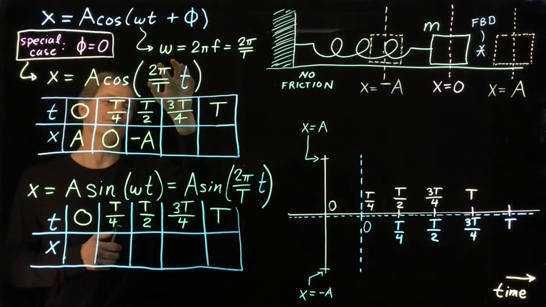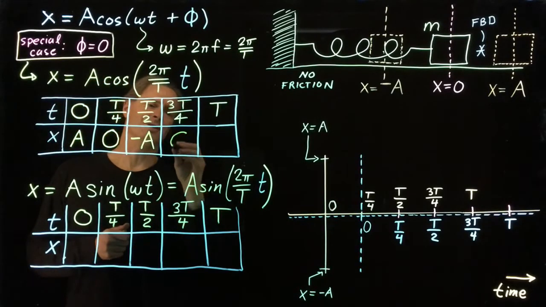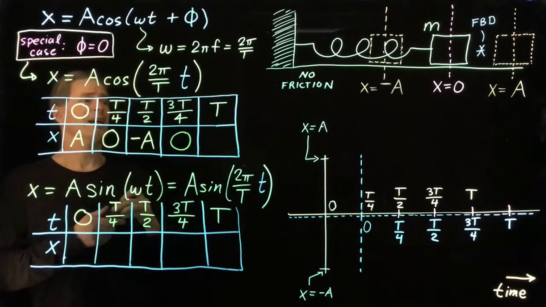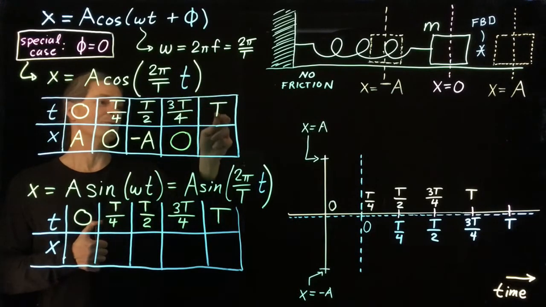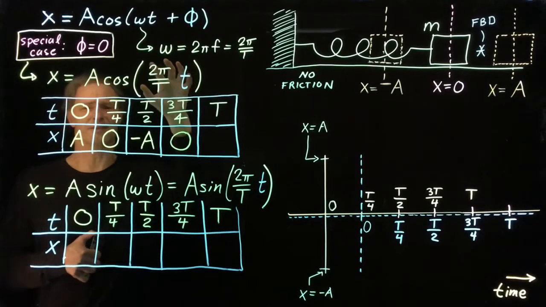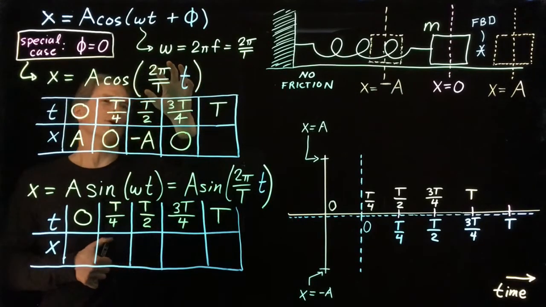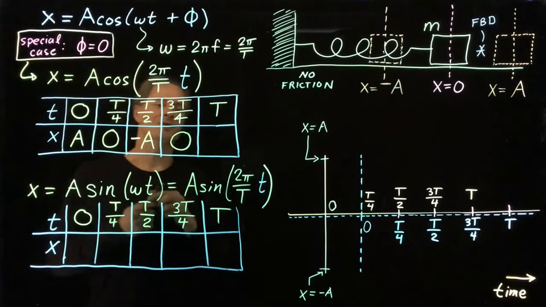Cosine of 3 pi over 2 is 0, and 0 times A is 0. And finally, when the time, little t, is equal to the period, capital T, I'd have 2 pi over capital T times capital T. That'll just give me 2 pi in the argument of the cosine. Cosine of 2 pi is 1. 1 times A is A.